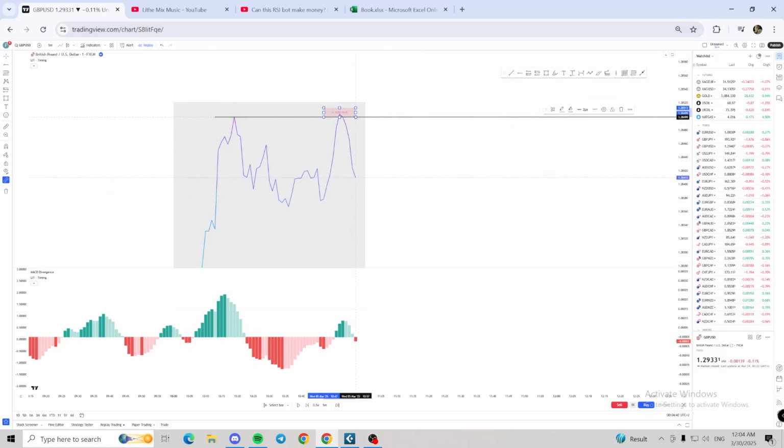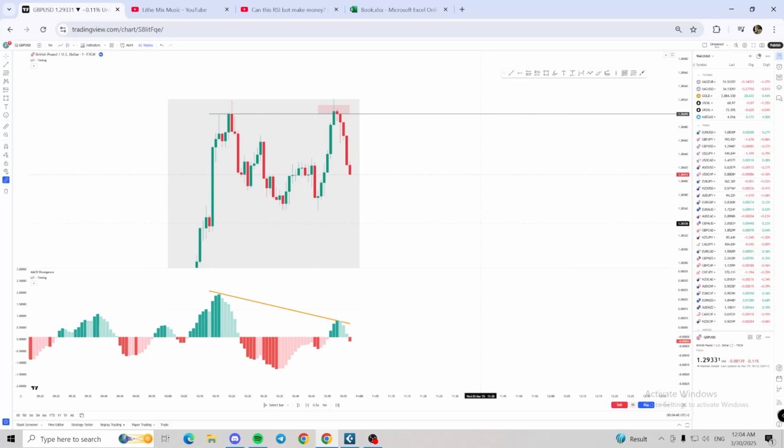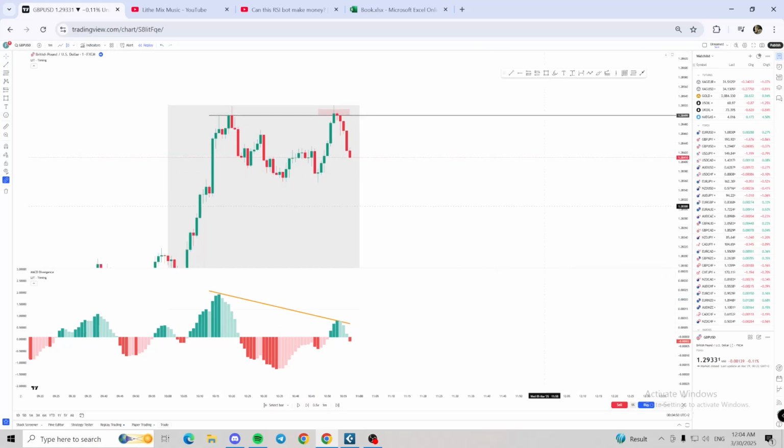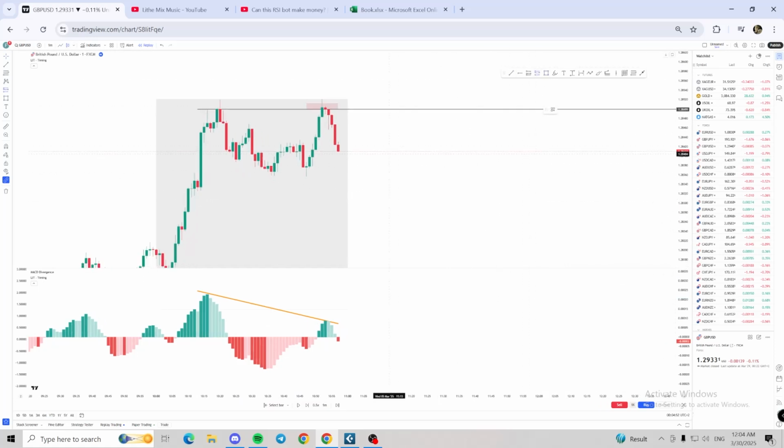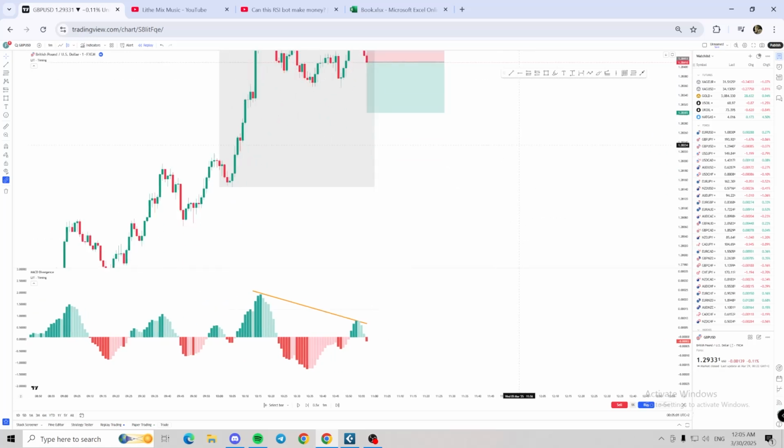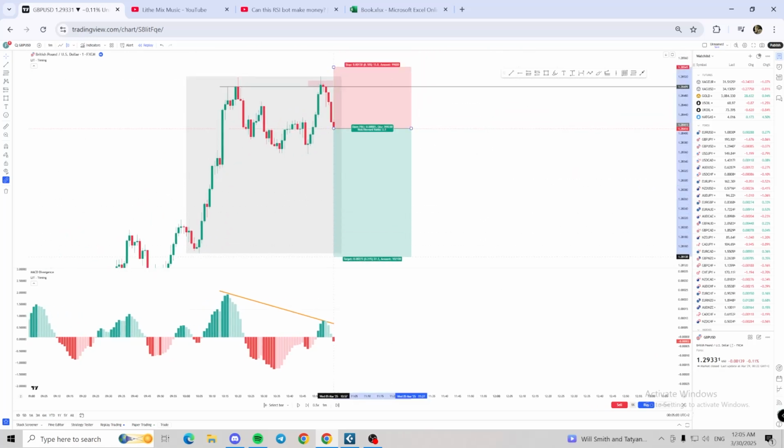So we have a valid divergence here, but again, the stop loss is too big, like a 12, even more, even a 13 pip stop loss here. You know, I have to say no to this one again. So let's see what happens.